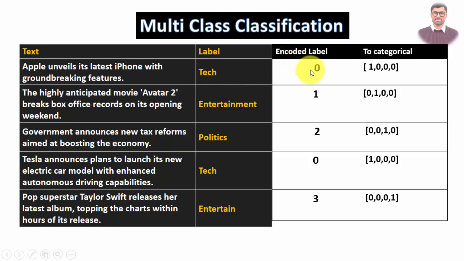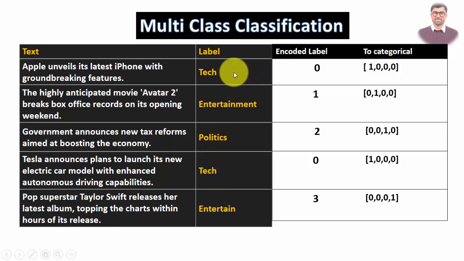But sometimes, normally in large language models, we convert these integers to categorical, or you can say one hot encoding. So totally I have 4 classes in my data set. The unique classes are tech, entertainment, and so on. Actually we have 3, but mistakenly I have added a 4th here.